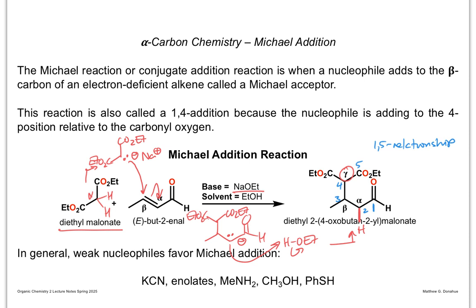In terms of the nucleophile, Michael additions are typically run with weak nucleophiles. So potassium cyanide, we just saw enolates, or neutral compounds such as amines, alcohols, or thiols. So what's the comparison?